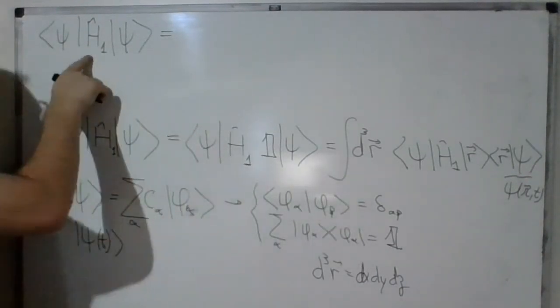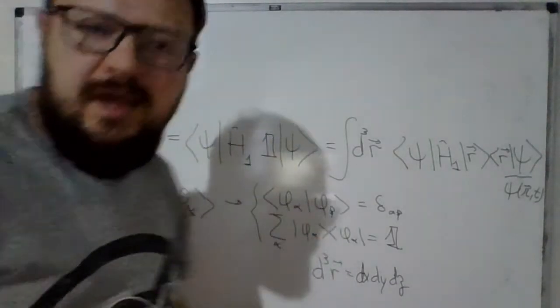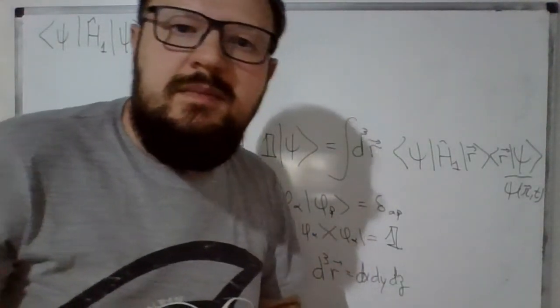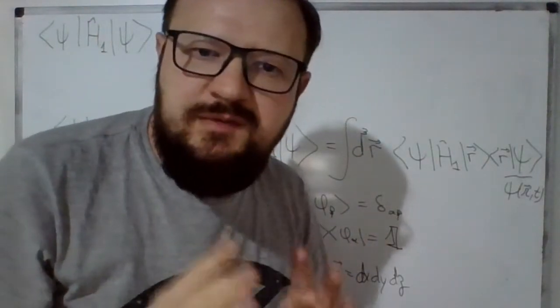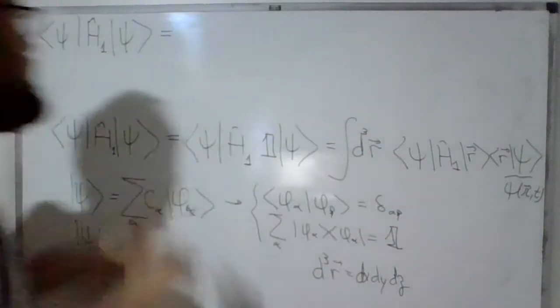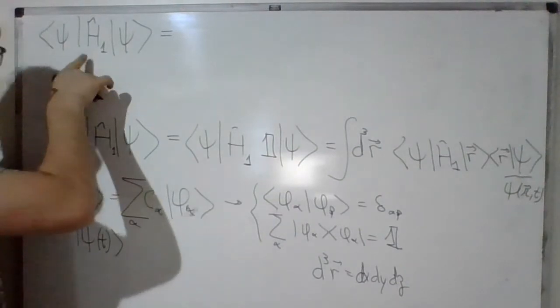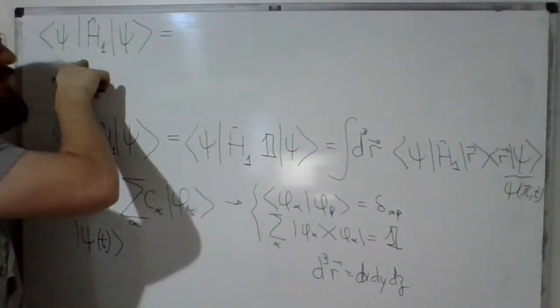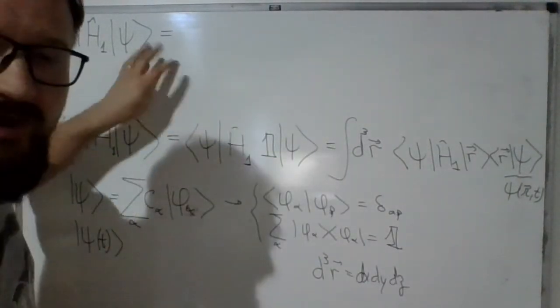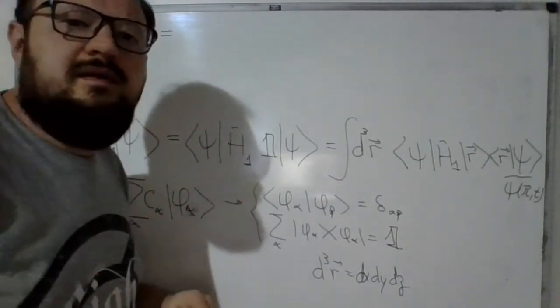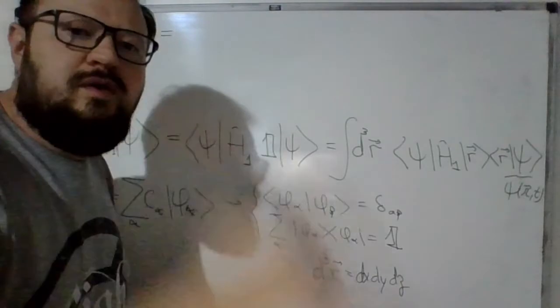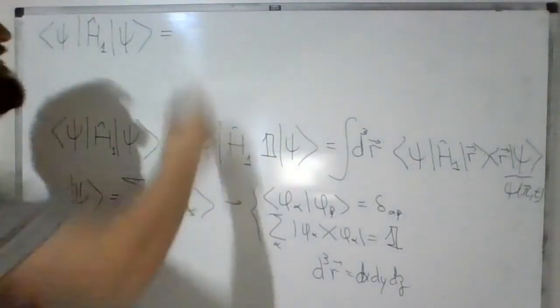You could plug in here any other operator, okay? So I am more concerned about the Hamiltonian because it's more important. But it could be angular momentum operator, spin operator, or whatever. Whatever the operator you are trying to calculate here. It could be a charge operator, current operator, whatever, right?